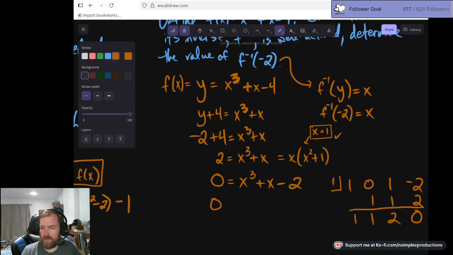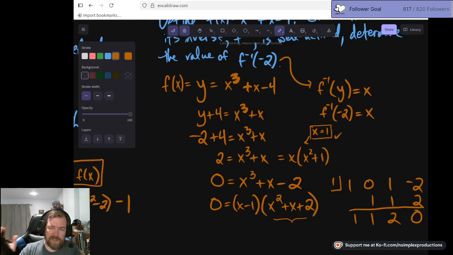So here we could also say that if we factor out an x minus 1, we're going to be left with x squared plus x plus 2. And then here, if we look at this, this is going to be b squared minus 4ac. B is 1, and minus 4 times a times c is going to be -8. So 1 minus 8 is going to get us -7. Inside the square root, our discriminant's negative, therefore these are complex, non-real.